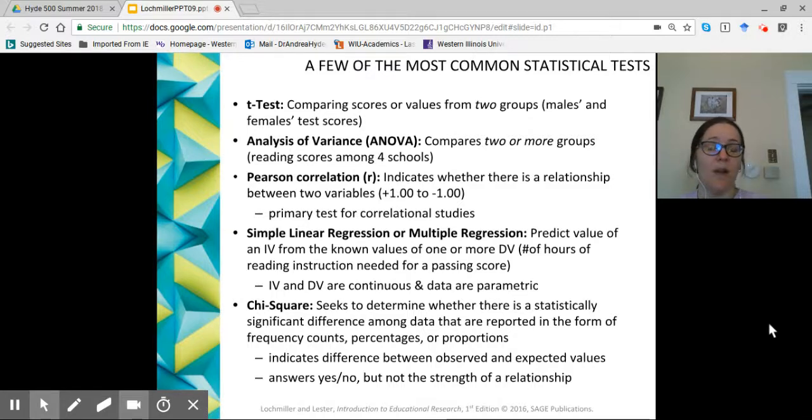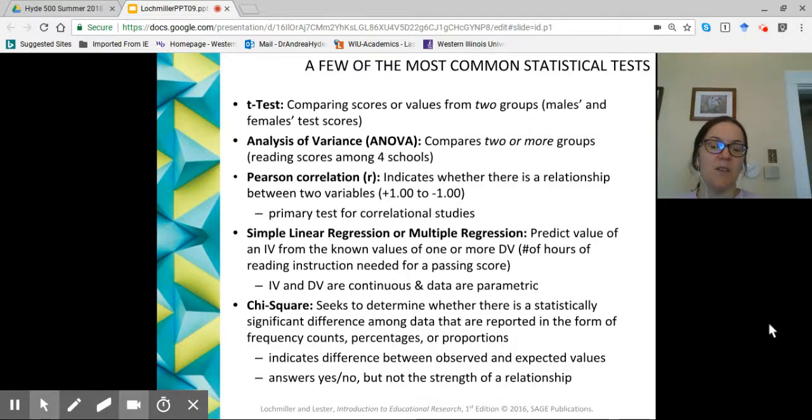So the chi-square seeks to determine whether there are statistically significant differences among data that are reported in the form of frequency counts, percentages, or proportions. So it's going to indicate for you whether there is a difference between the observed and expected values. Is there a difference between the growth that you expect and the growth that is indicated on a test score?